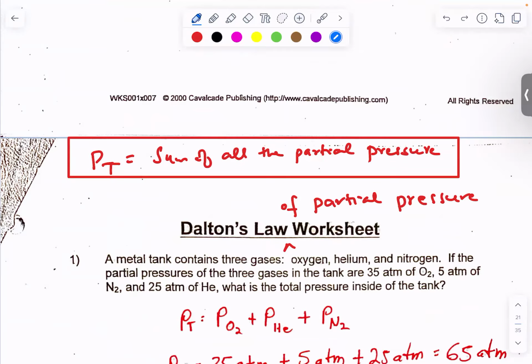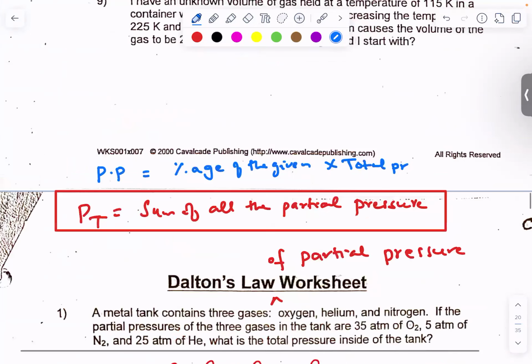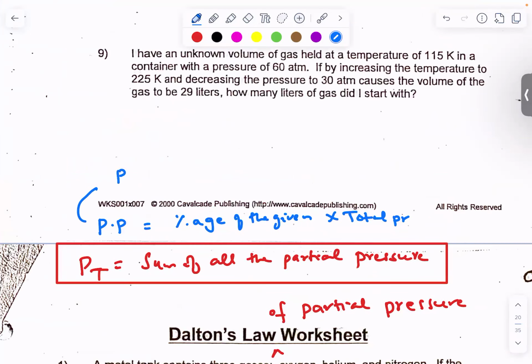So now, what is partial pressure equal to? One formula of partial pressure is the percentage of the given thing multiplied by total pressure. There is another formula for the partial pressure of a specific thing. Let's suppose I write oxygen here: the percentage of oxygen multiplied by total pressure.